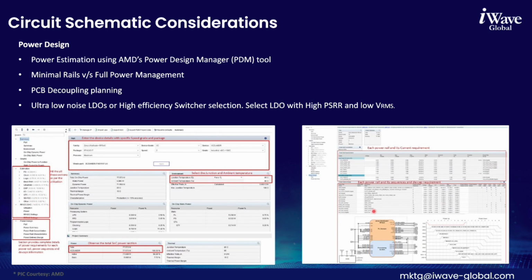This provides the complete power output requirement of each power rail. Not only that, it also provides the complete decoupling requirement for each power rail. So this is a very useful tool to estimate the power for the RF devices, and it supports two types of power rails. We can select either the minimum power rail or the full power management rail.